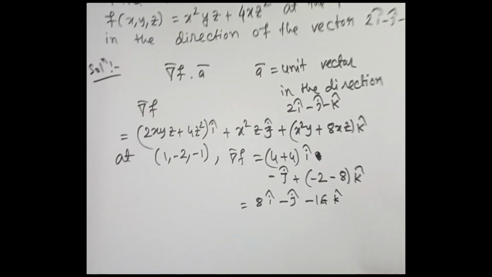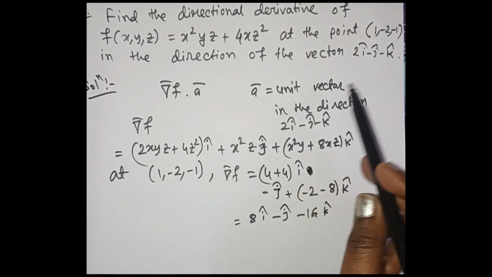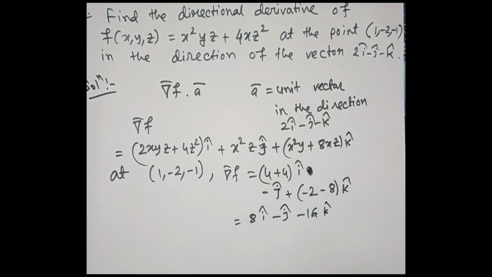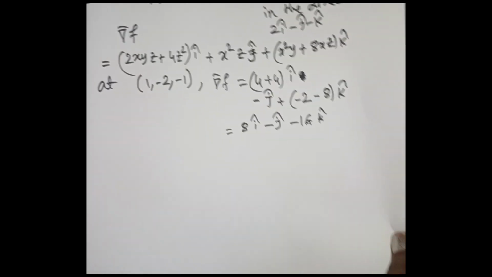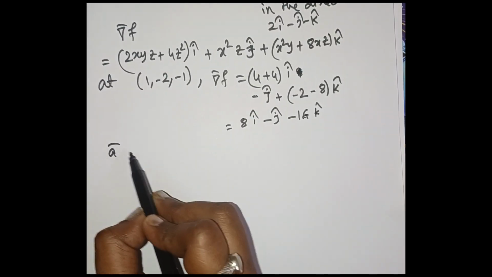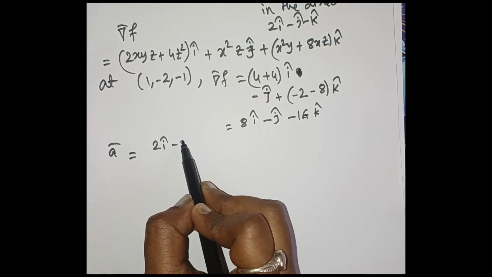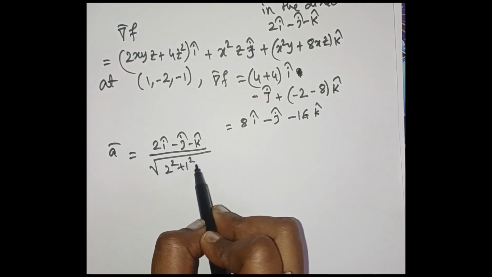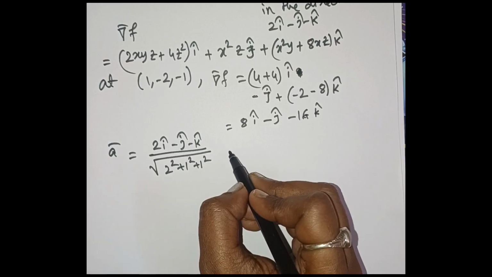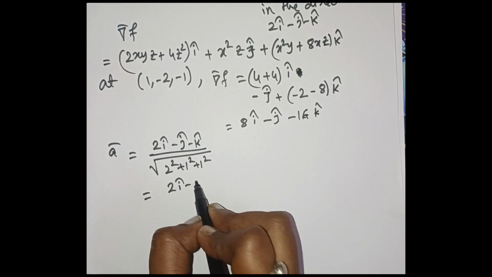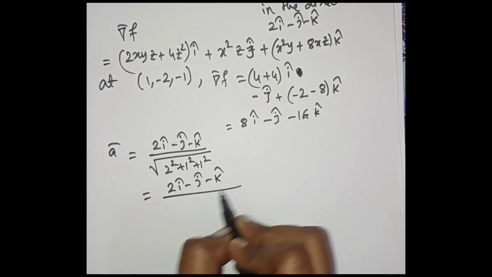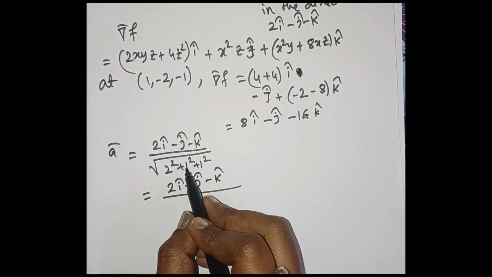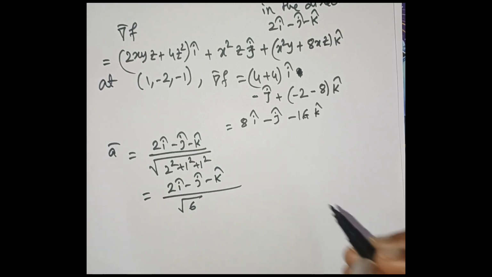Now we have to find a vector in the direction 2i minus j minus k. So a vector is equal to 2i minus j minus k by square root of 2 square plus 1 square plus 1 square, that is 2i minus j minus k by 4 plus 1 plus 1, so square root of 6.